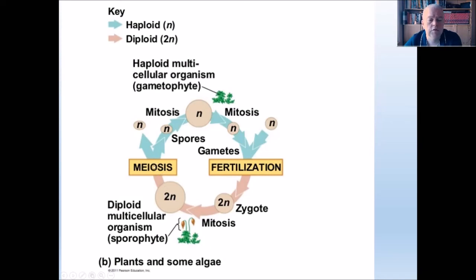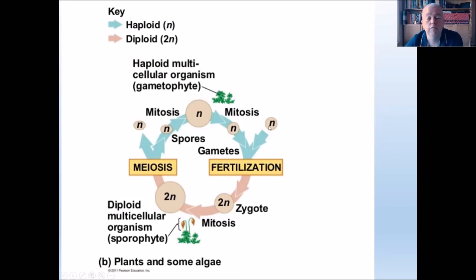In this case, it's going to produce structures called spores. These spores are haploid, so we have gone through our meiosis phase. We have introduced genetic variation into these spores, but those spores can undergo mitosis. Mitosis is about making identical cells, so those spores can undergo mitosis and produce a multicellular organism that is composed of haploid cells. This multicellular organism can then produce gametes.